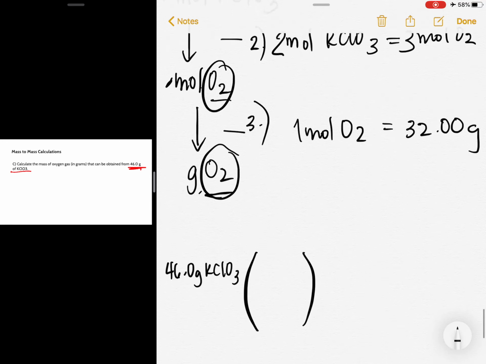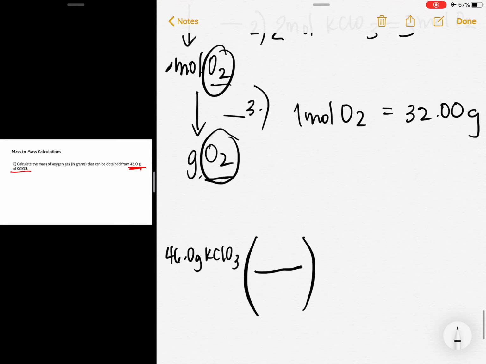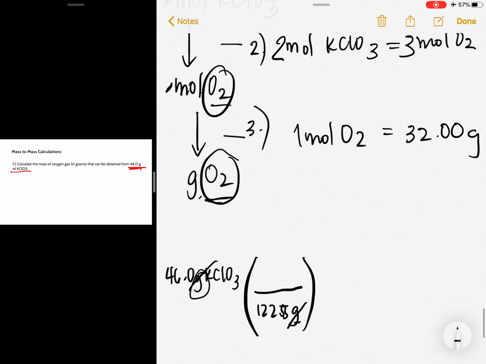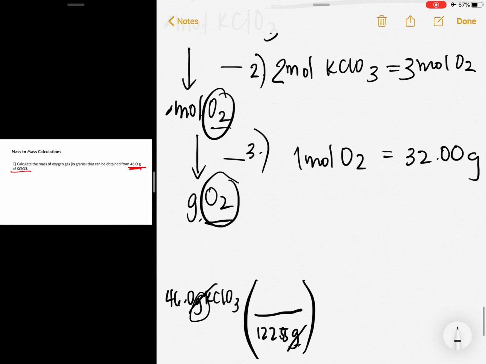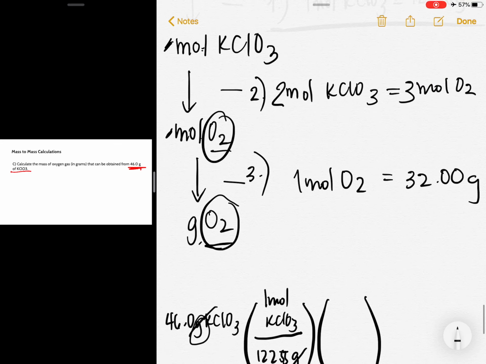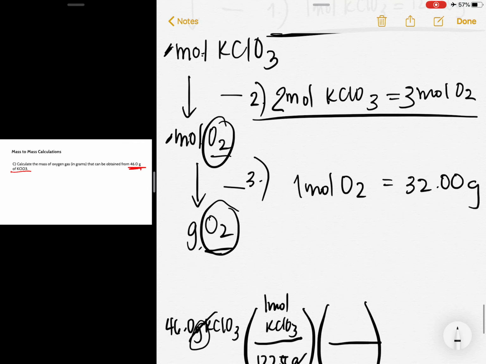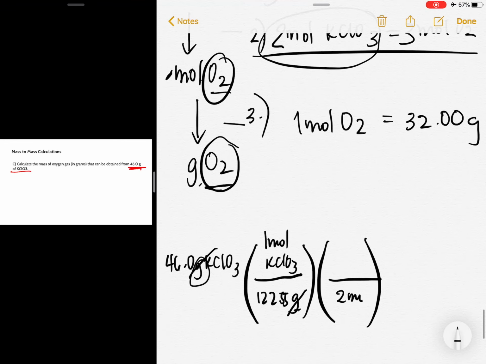So the first parenthesis will contain your first conversion factor. So we write here, grams sa baba. Bakit po? Para mag-cancel. Kung nalilito pa din kayo kung anong unit yung nandito, yun yung nasa baba. Sa taas, 1 mole of potassium chlorate. The second parenthesis will contain the second conversion factor, which is this one. Okay? So sa baba is the 2 moles of potassium chlorate.